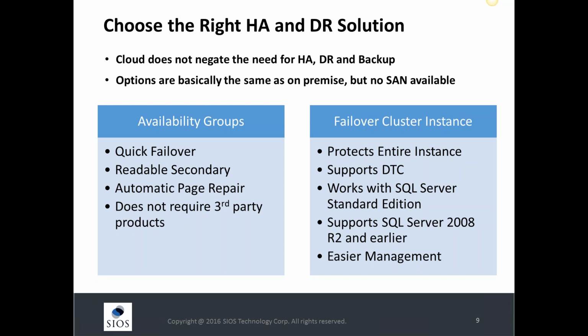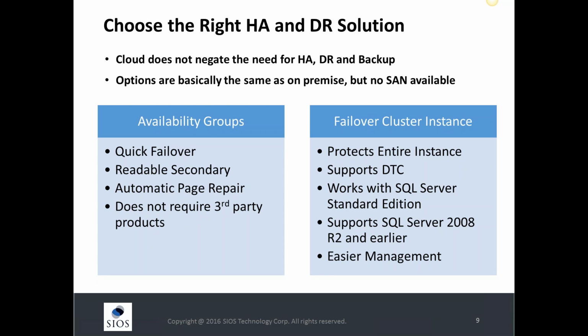So this is just a quick list of the benefits of each of those solutions. The availability groups, which were introduced in SQL Server 2012 Enterprise Edition, do feature a quick failover, and the benefit of the availability group is, SQL Server is actually actively running on each node, so you're not waiting for SQL Server services to start up.